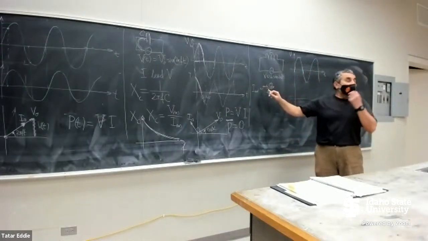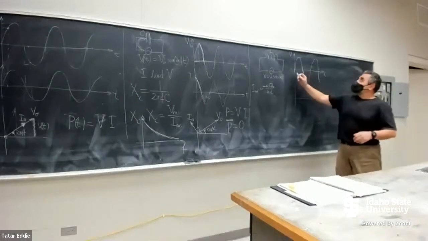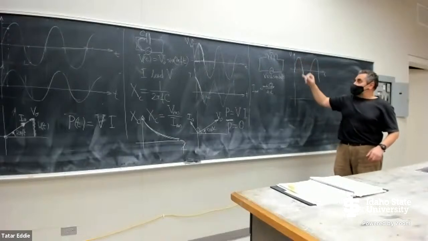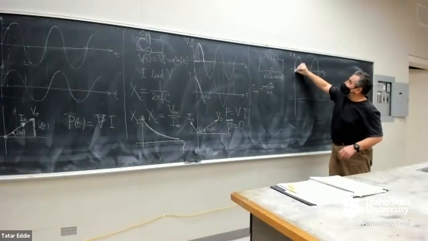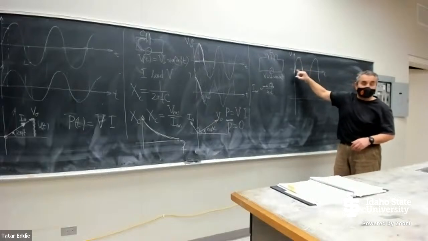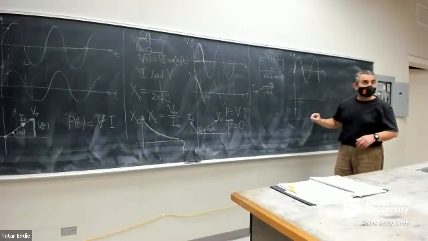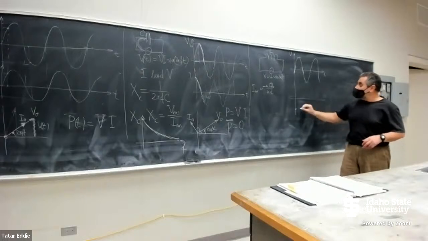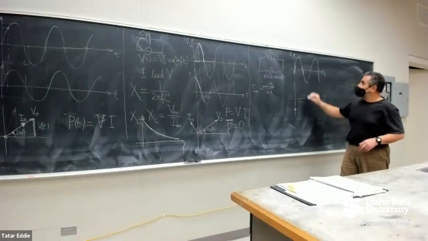So this negative algebraic sign is telling you that, well, you're increasing the voltage, but the current is going to be negative. The rate of change of the voltage is very high. And as a result, you're going to have high induced current in this inductor, but because of this negative sign, it is going to be negative.